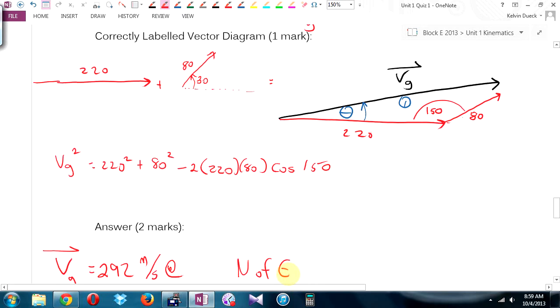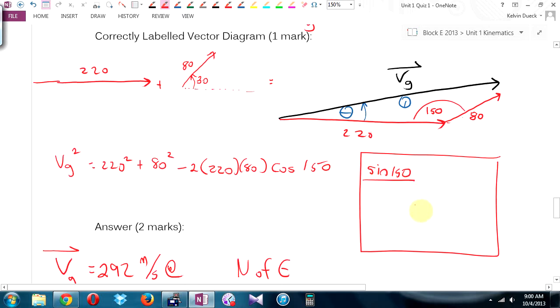But I need to find an angle theta. Can I use SOHCAHTOA? No, unless I went components. I can, however, use the sine law. I think I can go the sine of 150 divided by what's across from it, which I just found out was 292.03, equals the sine of the mystery angle divided by what's across from it, which is 80.